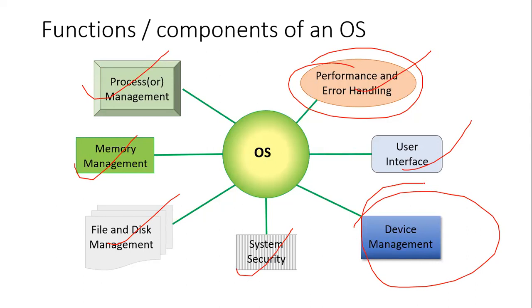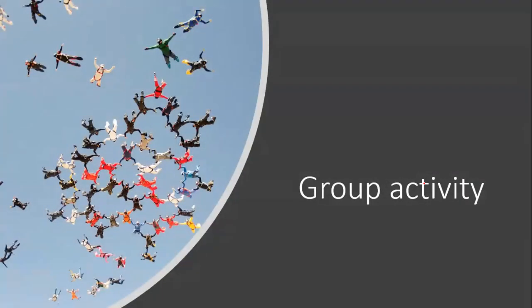It's finishing at 4:15, if I'm not mistaken. Yes. All right. There's a group activity. We'll see what this group activity is. Instead of a group activity, we'll do it individually.